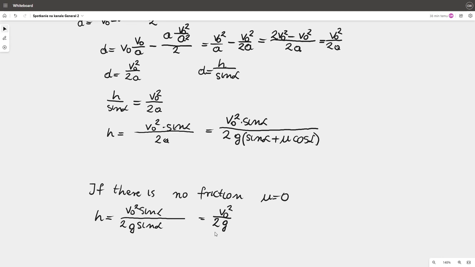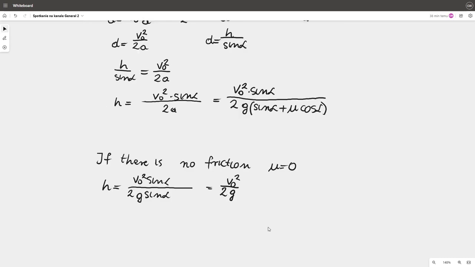We see that if there is no friction, height does not depend on angle alpha. So, we solved our problems. So, it is the end of this lesson.